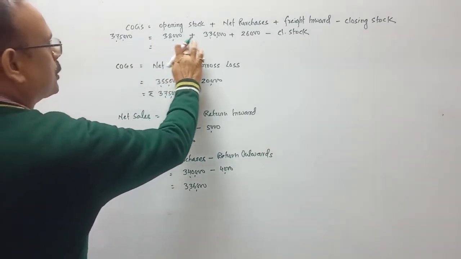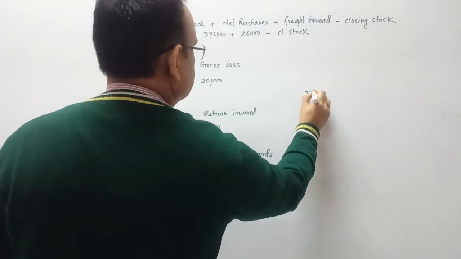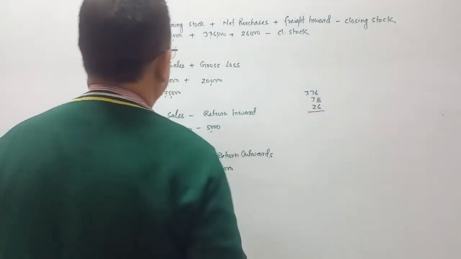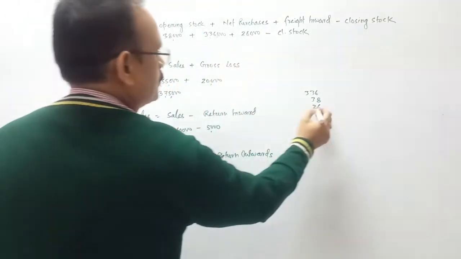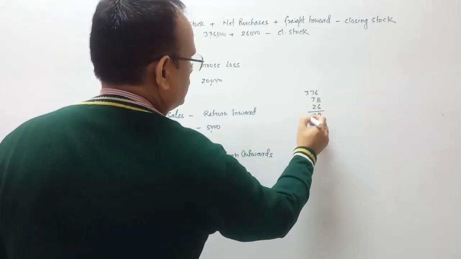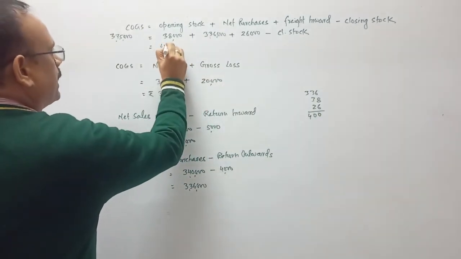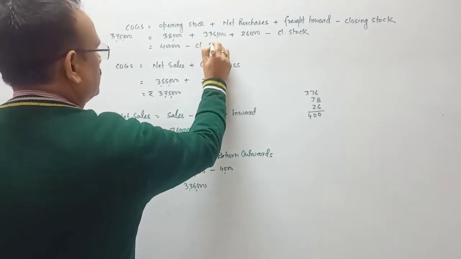Now you do the total of these three: 3,36,000 plus 38,000 plus 26,000. So the total is 4 lakhs, minus closing stock.